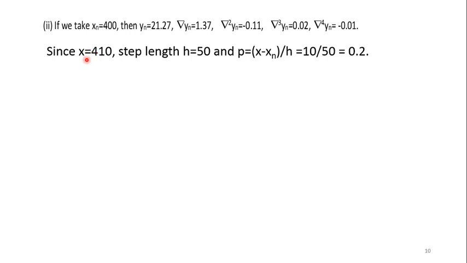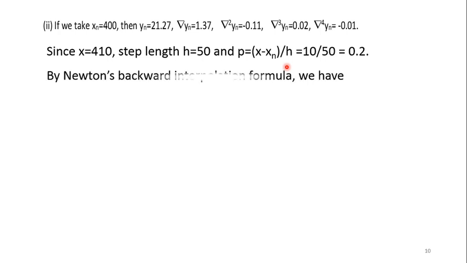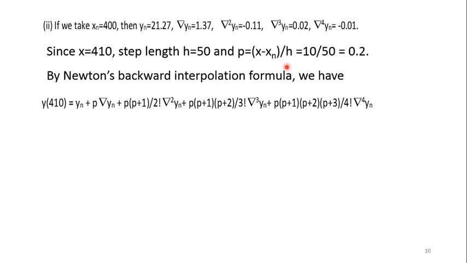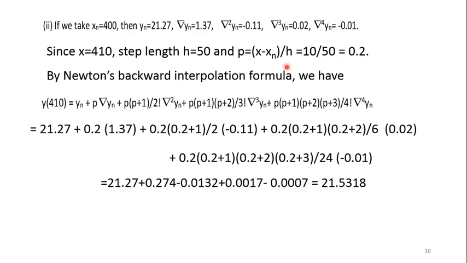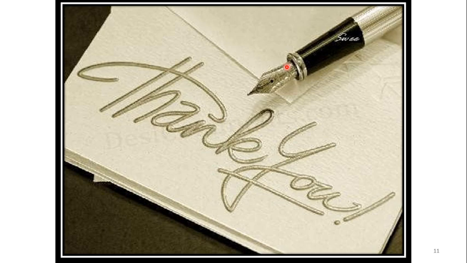Since x equals 410, the step length is h equal to 50 and p equals x minus xn upon h, so the value of p is 0.2. By Newton's backward interpolation formula you can substitute the respective values here and simplify. This gives you 21.53. Thank you very much.